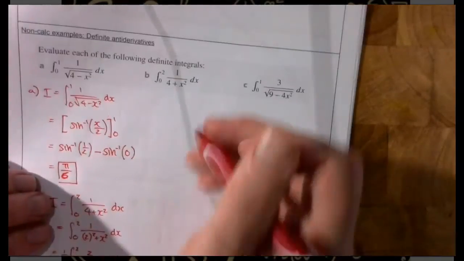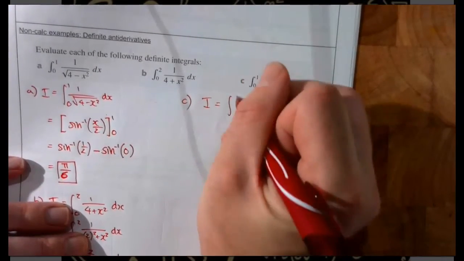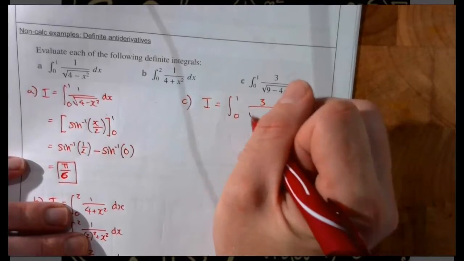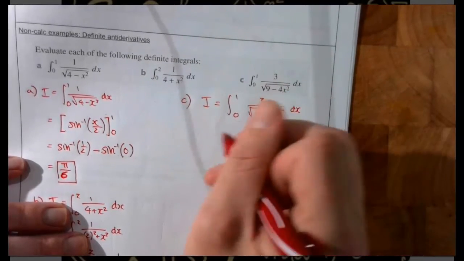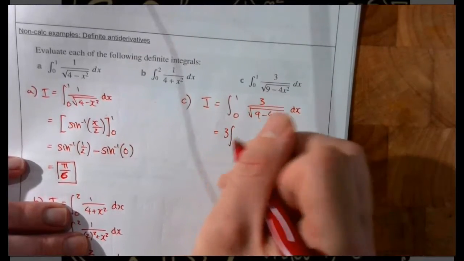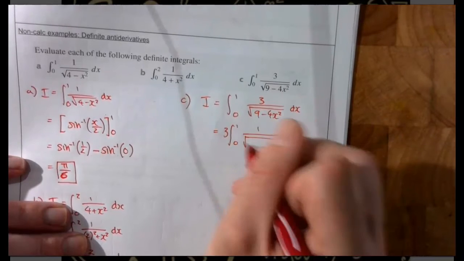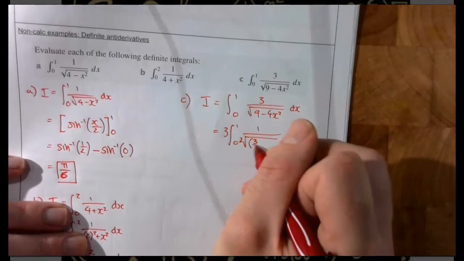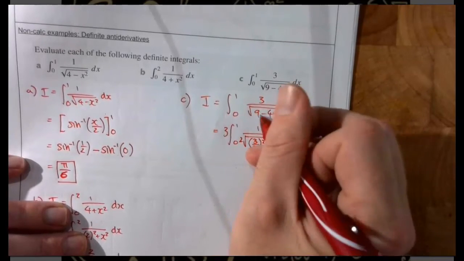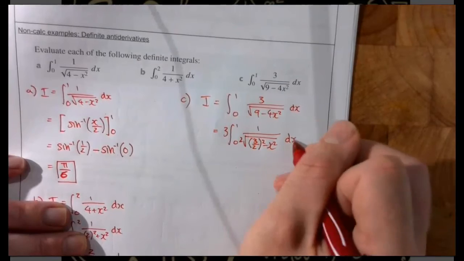Part C, just ever so slightly more complicated. My integral between 1 and 0 of 3 over root 9 minus 4 x squared dx. I bring the 3 out of the front straight away, and I also bring a 2 out, and I represent this as 3 over 2 squared take away x all squared.